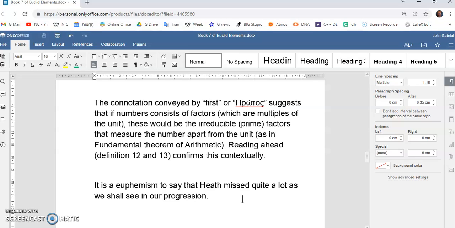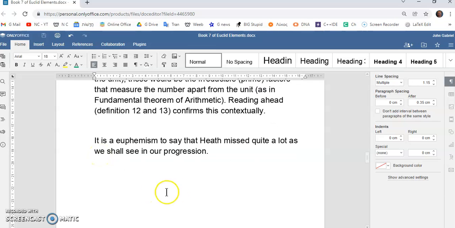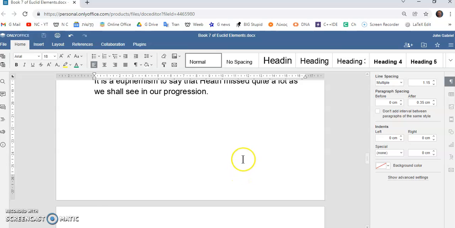So reading ahead, definitions 12 and 13 confirm this track of thought contextually. So it's a euphemism really to say that Heath missed quite a lot, as we shall see in our progression.